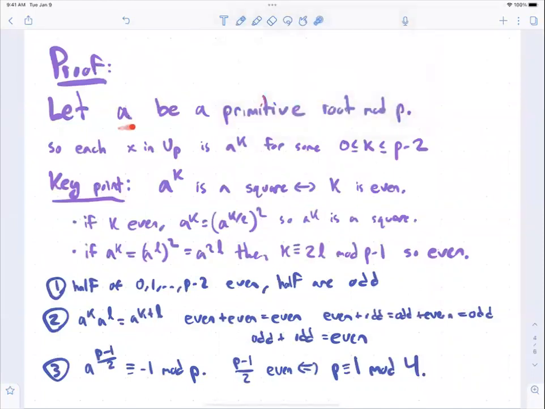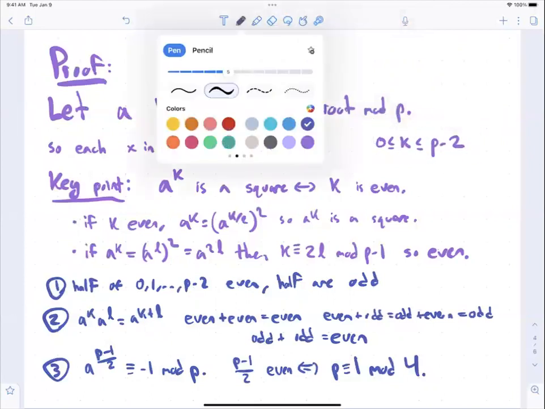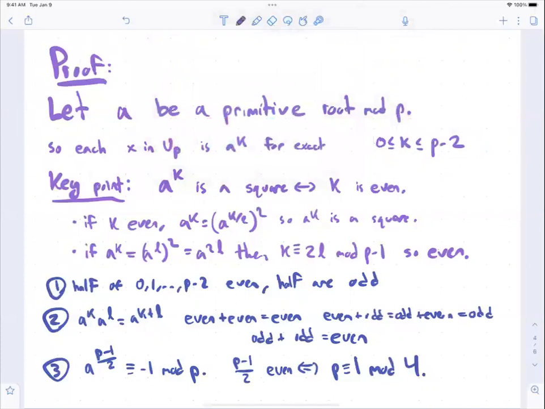So I can take a primitive root a mod p, which means every x in U_p can be written as a to the k for exactly one k, so every x is some power of a, and I can choose a unique power between 0 and p minus 2.